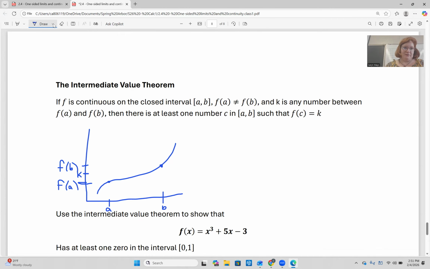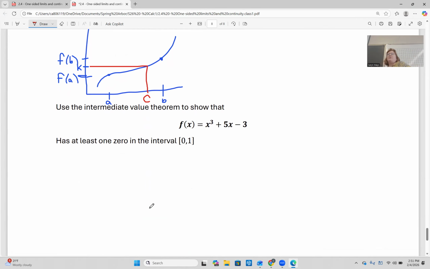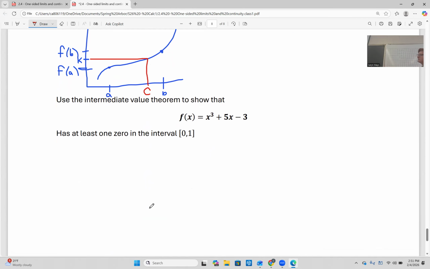That means, with a different color, going in, there is a C that hits that output, and that C is between A and B. But if I have to draw this without picking up my pencil, of course that's going to happen. There's not going to be some weird jump that skips over that point. But it does help us in cases where we need to know there's a solution to something, but we might not know where it is.